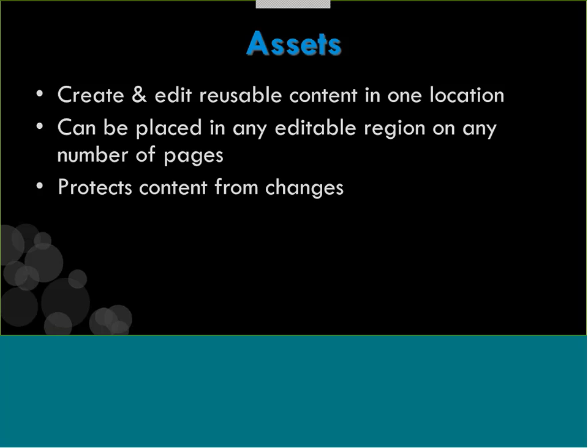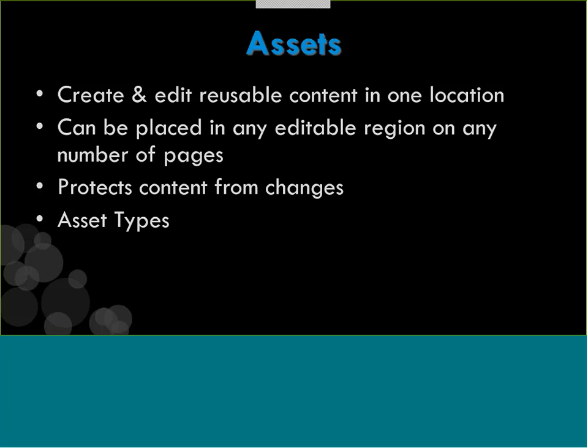If somebody is in an editable region and you don't want them to edit a bit of information, such as maybe the university name or some other important piece of information, you can use an asset to keep that content protected from a regular user in the editable region. All they can do is insert that asset.